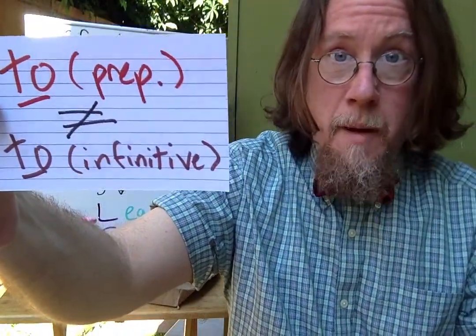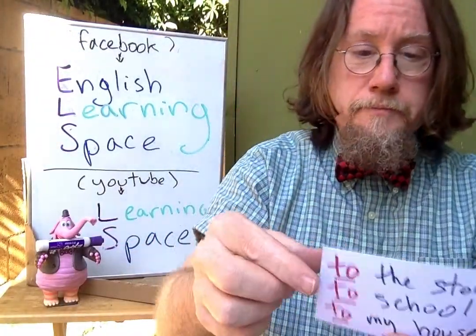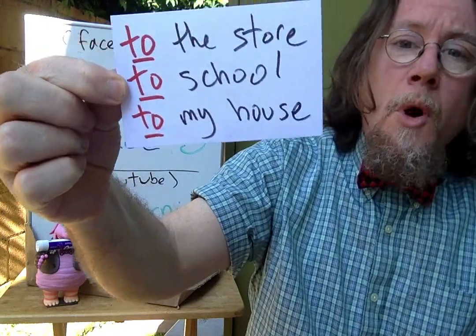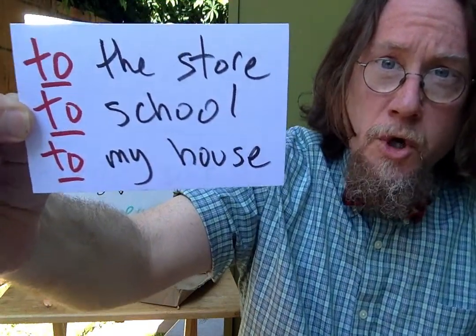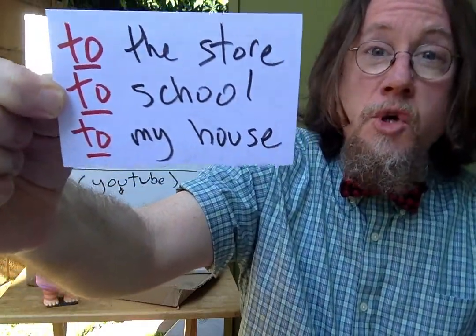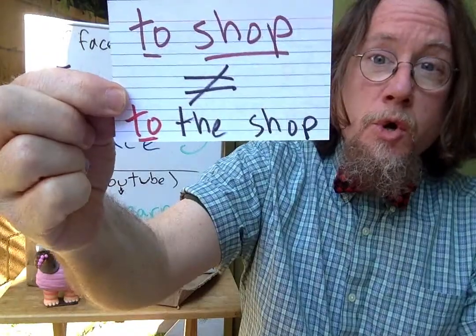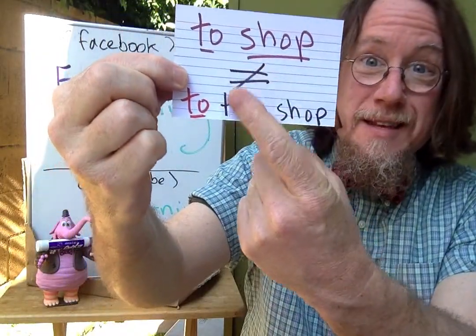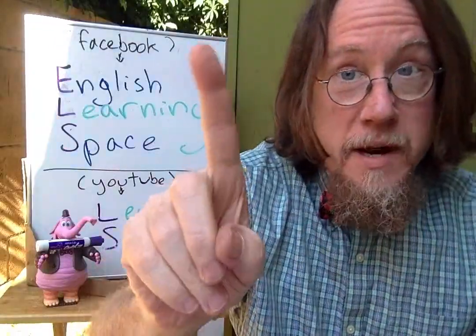Not the same meaning. So for example, these are prepositions: to the store, to school, to my house. All right? Remember, to shop is not the same as to the shop. Very different meaning.